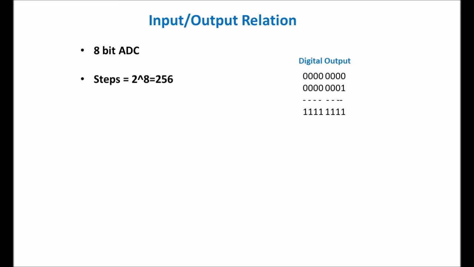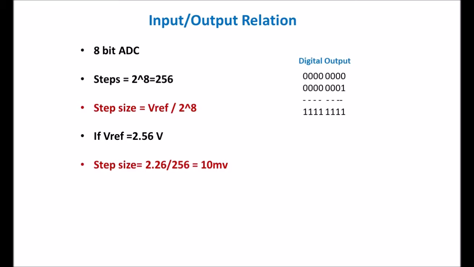The step size means how much the analog input should change to change the digital output by one step. That we can compute using V reference divided by 2 raised to power 8. So the size of the step depends upon the V reference. Now if we consider V reference equal to 2.56, then the step size will be 2.56 divided by 256, that is 10 millivolt.